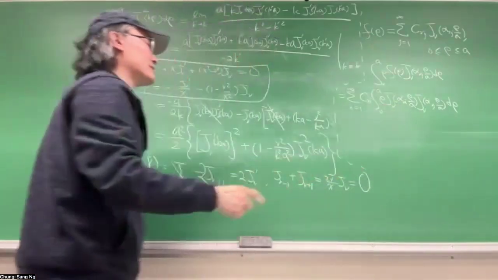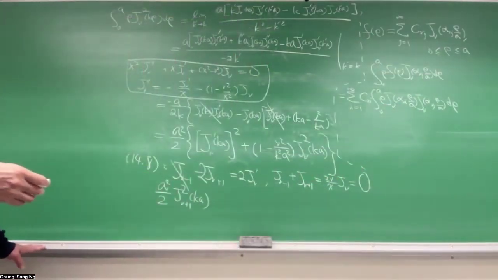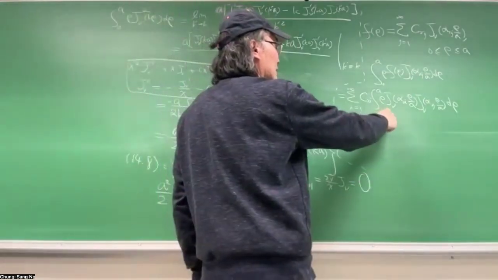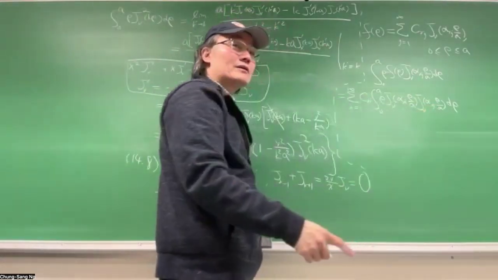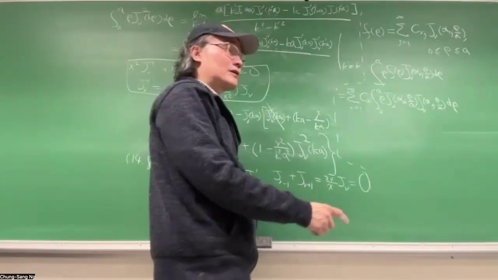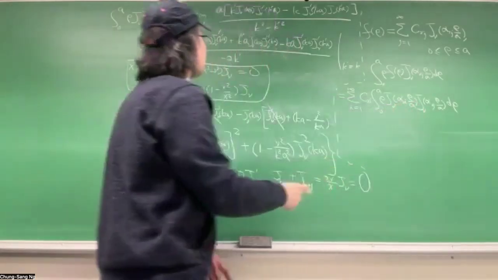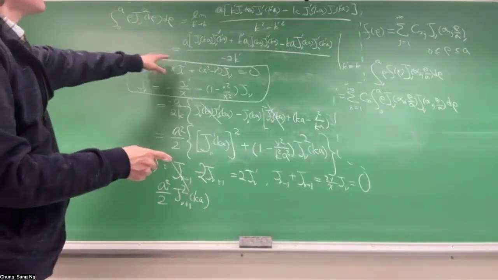Now you can apply the orthogonality condition. This will be non-zero only if I equals J, so you have a Kronecker delta, because that's what we showed over here.